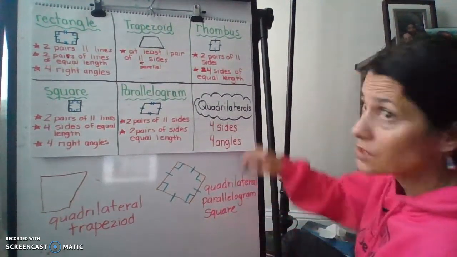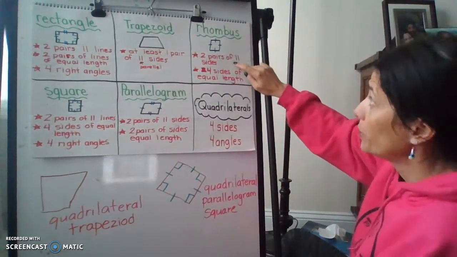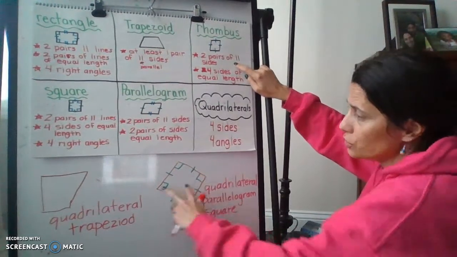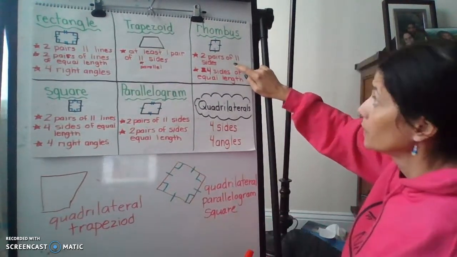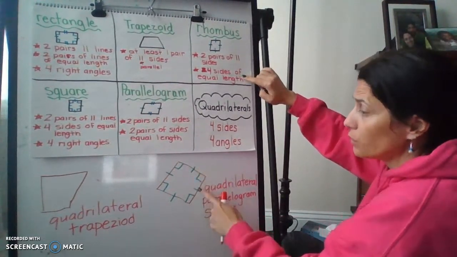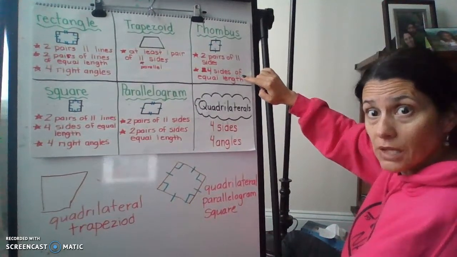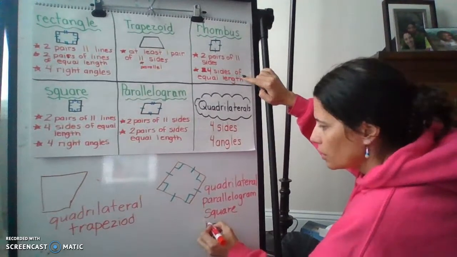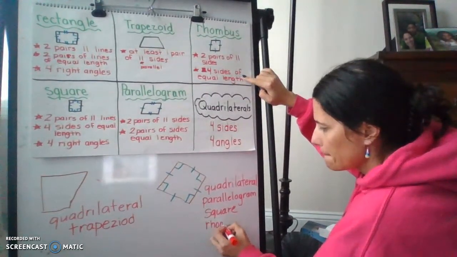All right, now let's go to the rhombus. 2 pairs of parallel sides. Yes, so those 2 and those 2. 4 sides of equal length. Yes. So it's also a rhombus.